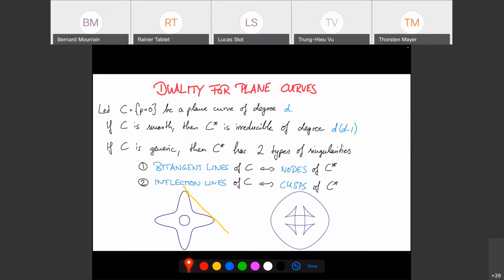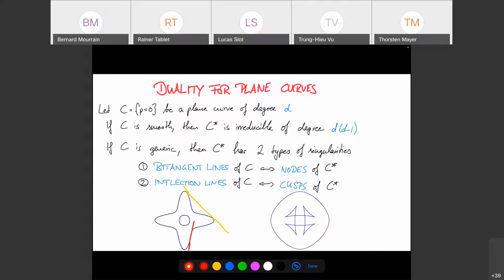An inflection line is always very hard to draw. It's a tangent line where the curve sort of switches sides. Here for this yellow line, the curve remains on the same side as the tangent line. It sort of becomes tangent to the line and then walks back. But at other points, like here, there's a flex point down here. There's a tangent where the curve switches sides.